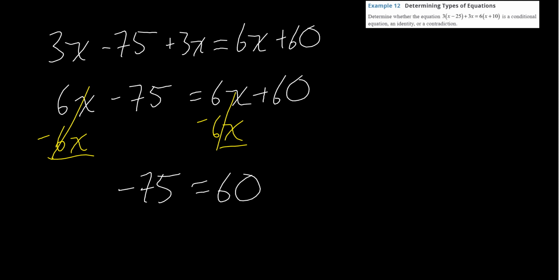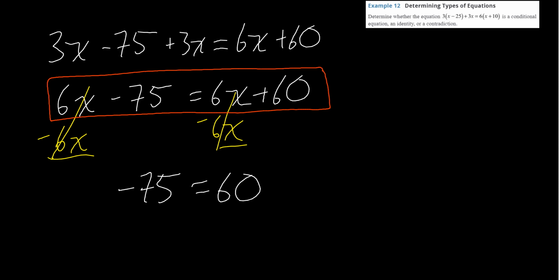This is never true, and you can really spot why that is the case by looking at this line right here. We have 6x minus 75 and 6x plus 60. Okay, there is no value that you can plug in there for x that would make that a true statement because one is minus 75 and one is plus 60.